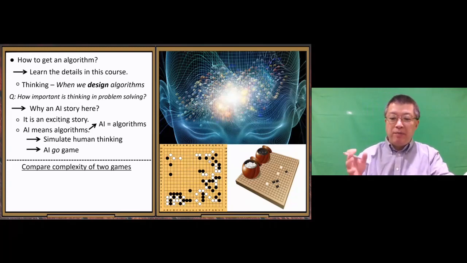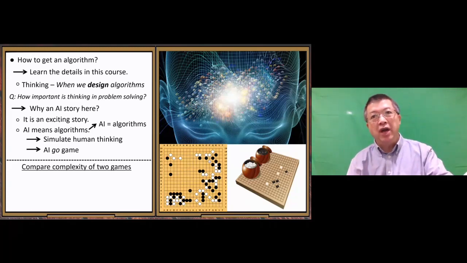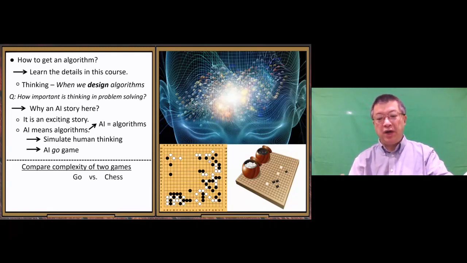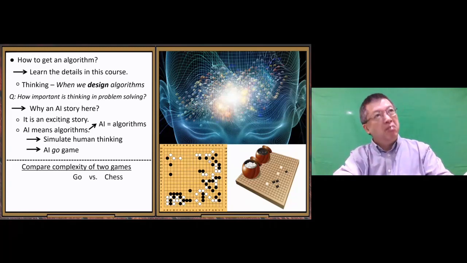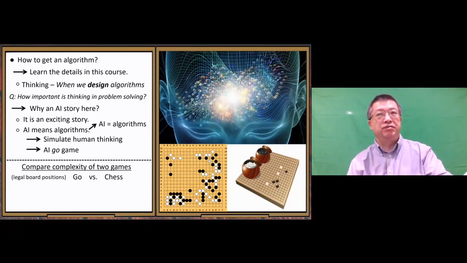Now I want to compare the complexity of the Go game and the chess game. Chess, we know it's extremely complicated, but Go is even much more complicated than chess. We compare using the legal board positions, because there are a large number of board positions that are not legal.